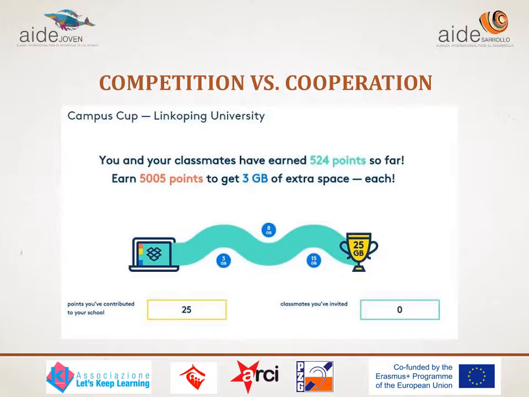recommend an application. Here's what Dropbox has done for several years. They did first the Dropbox Space Race, and then the Dropbox Campus Cup. They had the same mechanism, but different narrative. We will talk about this in the next lesson.